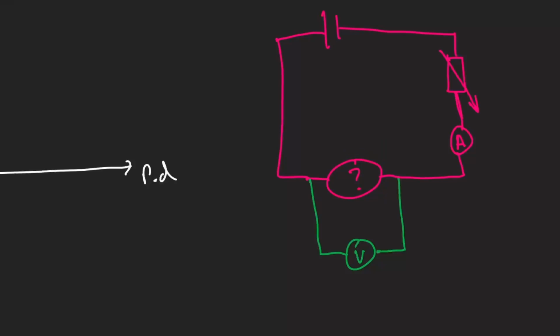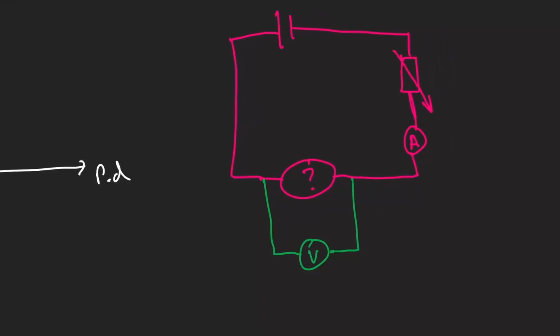We'll go through the maths of exactly how this works later on, but essentially what we need to know is that when we vary the resistance of our variable resistor, that will cause a different value of potential difference to be dropped across our mystery component. So when we increase the resistance of our variable resistor, there will be a decrease in the potential difference in our voltmeter reading across our component, and vice versa.